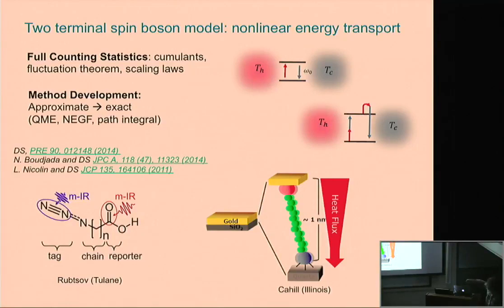And from a different perspective, this is from the group of Igor Rubtsov, Tulane University. So I don't know if you can see the molecule. It's here. So there are, again, several carbon atoms, n of them, let's say 10. And they are asking actually very similar questions regarding heat flow, vibrational energy flow in the system. But now it's an ultra-fast experiment, a pump-probe experiment. So they excite what they call a tag mode. They excite this bond, and then they probe this vibration.